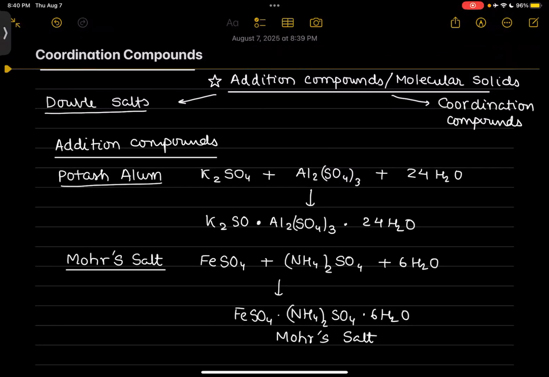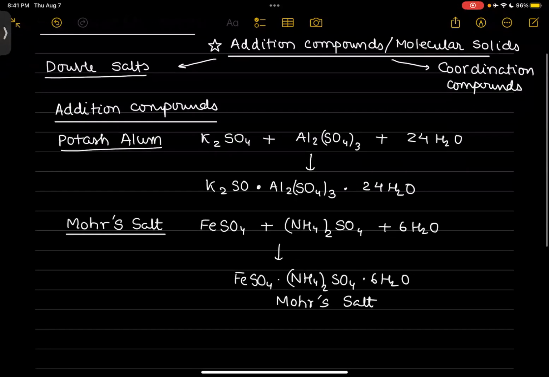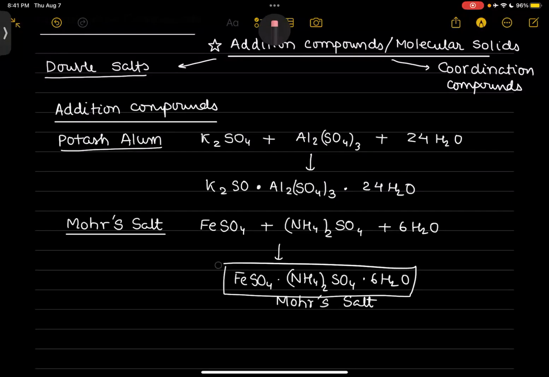It is formed when two or more than two compounds join together in a fixed ratio. You can see that 1 mole of FeSO4, 1 mole of ferrous ammonium sulfate, and 6 moles of water have joined together to give you Mohr salt. You need to write the definitions very clearly, Marwa, right? Got it?